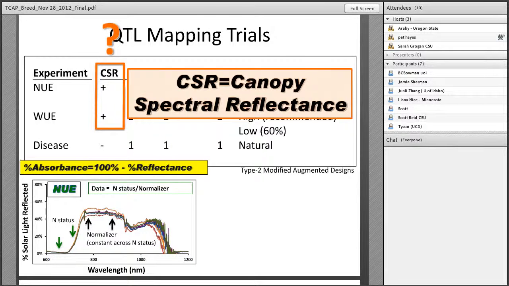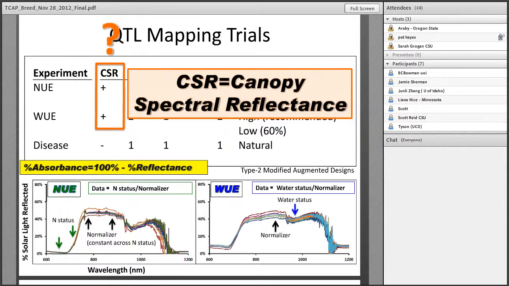We measure reflectance, but what we're looking at are the wavelengths at which, depending on the nitrogen status of the plant, the plant is absorbing more. If it has a higher nitrogen status, it absorbs more, and absorbance is a property of reflectance. Then we're comparing those to the normalizer constant wavelengths in the near infrared range.